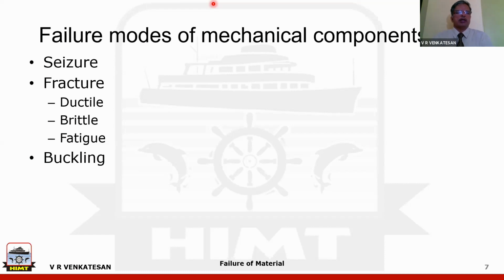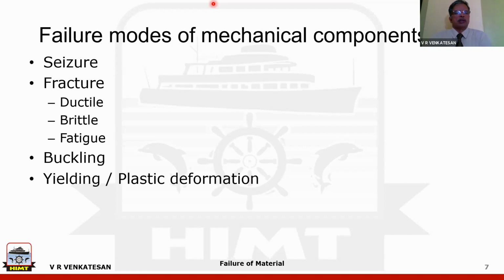Then an example of what is called buckling. Buckling is a type of failure which takes place under compressive load. When the component is put under compressive load, you have a failure called buckling. Then you have failures which are examples of plastic deformation, or we say the component has yielded.